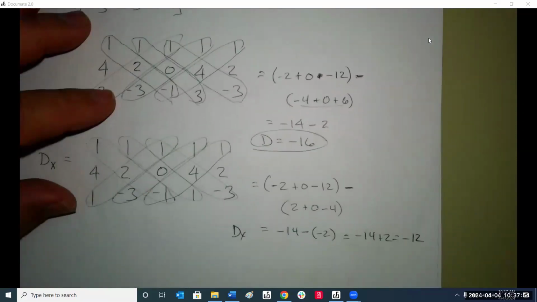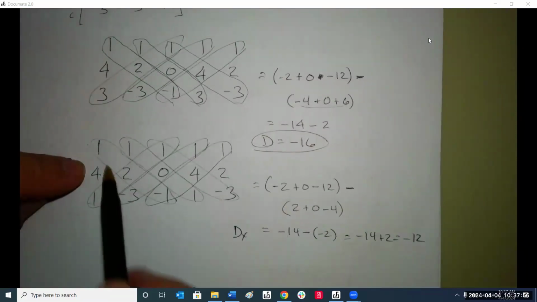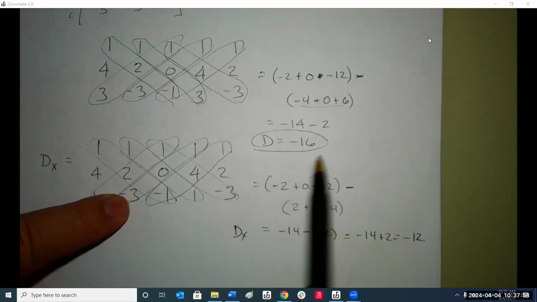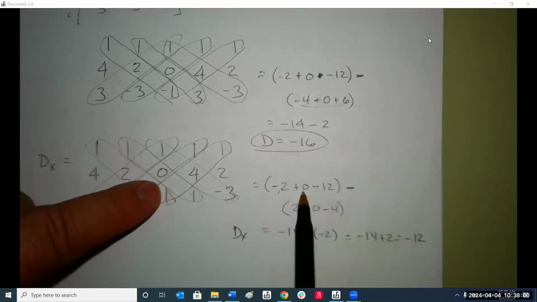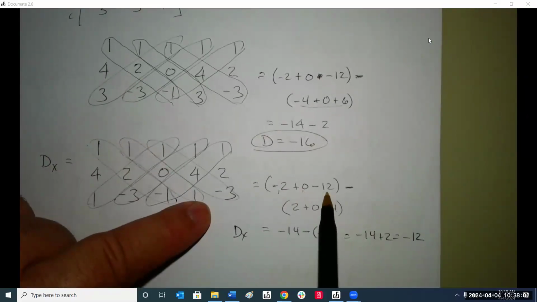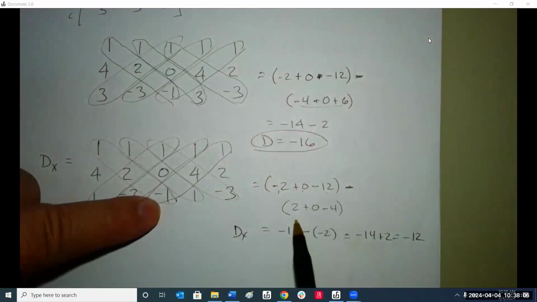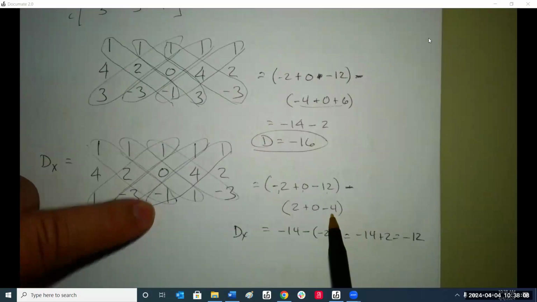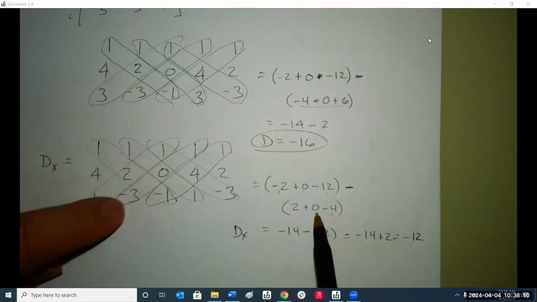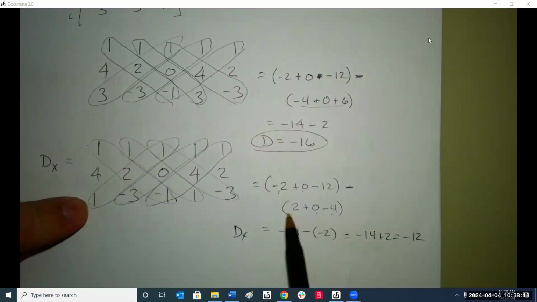So this is my dx. Ooh, I'm sorry. So I multiply these. So 1 times 2 times -1 is -2, plus 0, minus 12. Add them, subtract. Now multiply these. -4 plus 0 plus 2. Add those, subtract the 2.